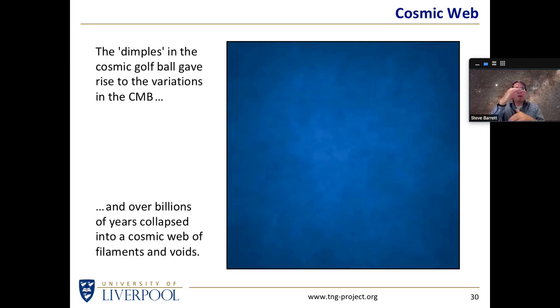Let's take a cube full of matter and let's just vary the density ever so slightly at random in various points. So this point might be slightly more dense than average, this point might be slightly less dense than average. Let's take that, and in a computer simulation, let's see what would happen if we then let gravity do its stuff.